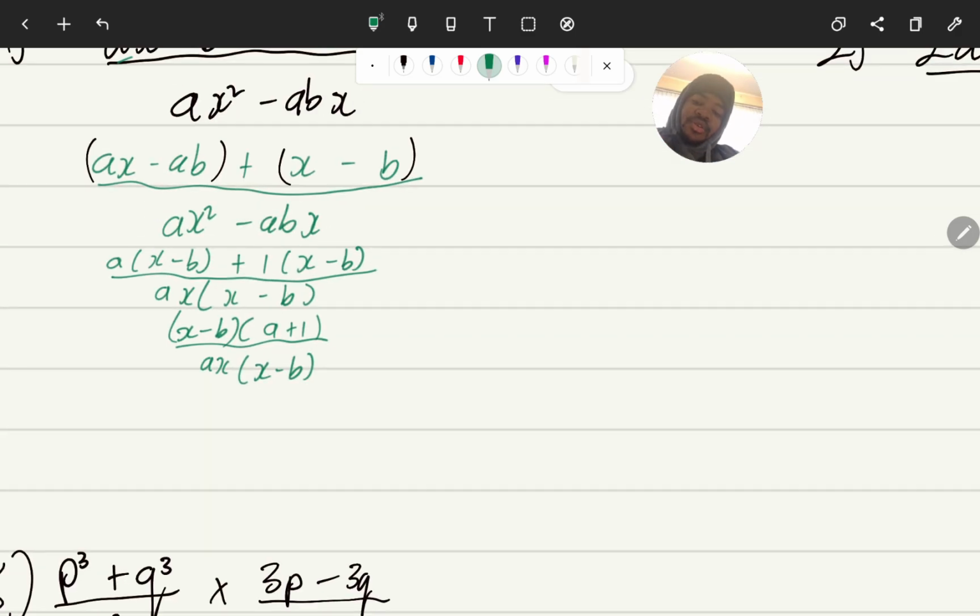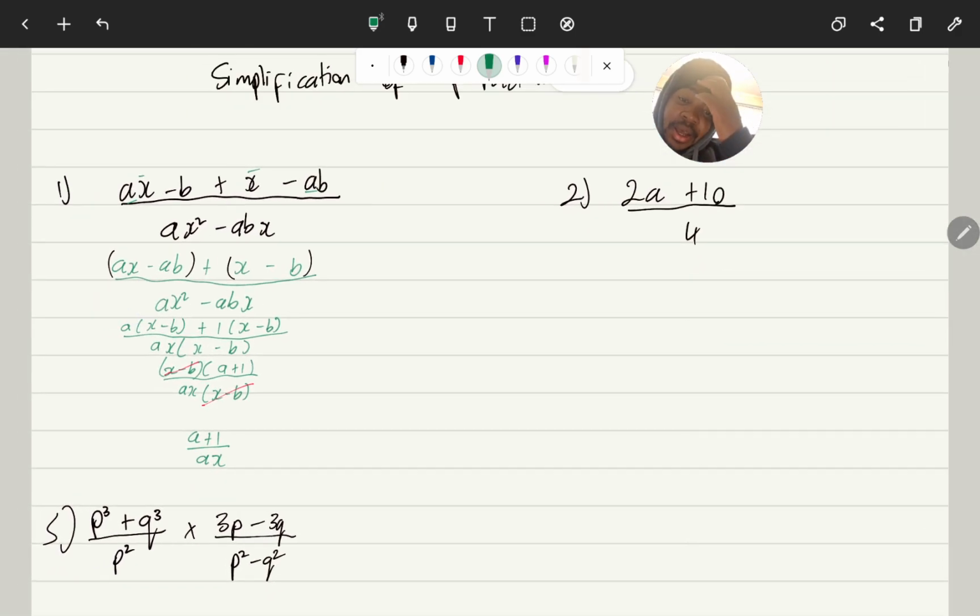So now you already see what's going to happen. The X minus B will cancel X minus B, and what you are left with is A plus 1 over AX. Now I also want to say something about this particular problem, especially for our numerators.